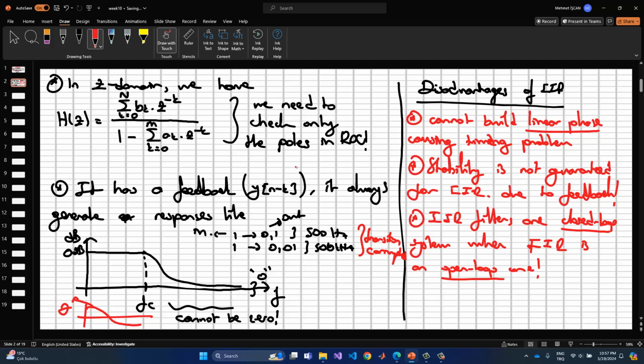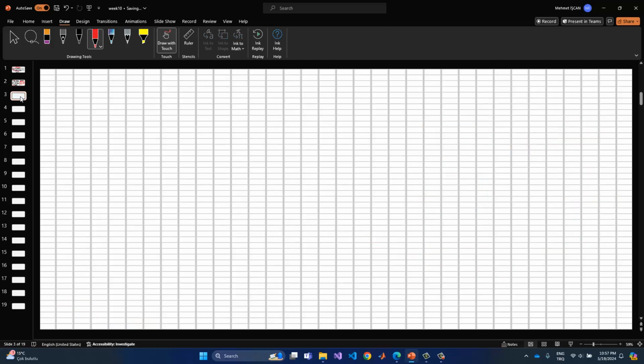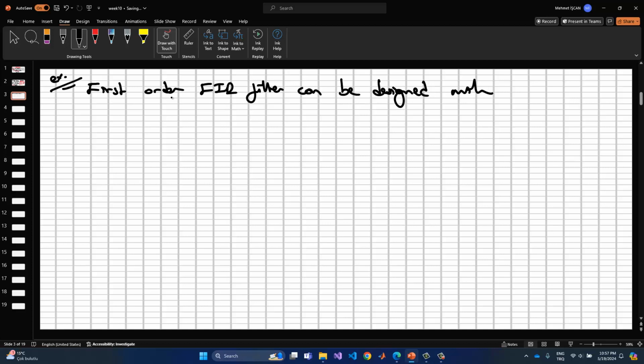For example, a first order filter can be designed with y(n) = x(n) - 0.9 y(n-1).